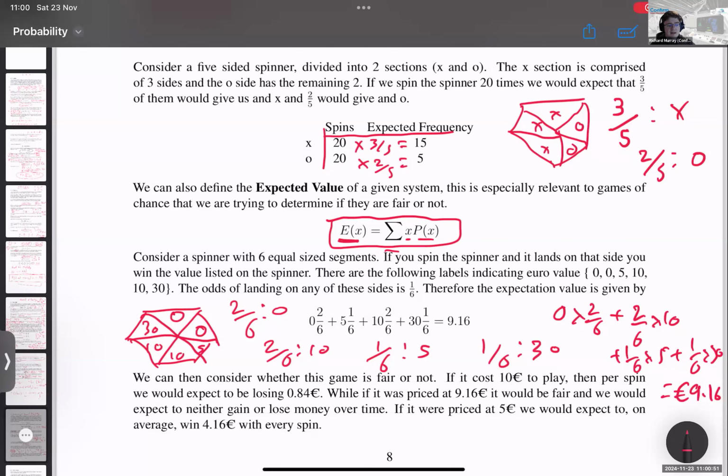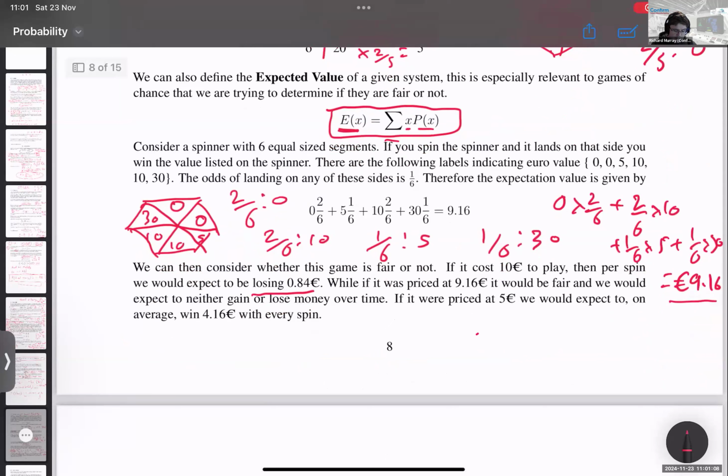But if you have done the maths on it, you will see that on average, you will only win €9.16, which means that if you're paying €10 to spin, on average, every time you spin, you're going to be losing 84 cents. So if this game was priced at €5 instead, on average, you will be winning €4.16. So you would want to play this game.